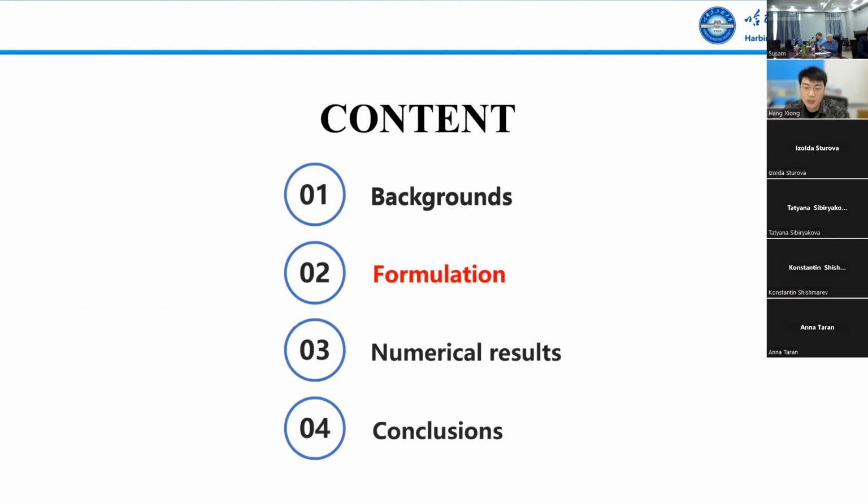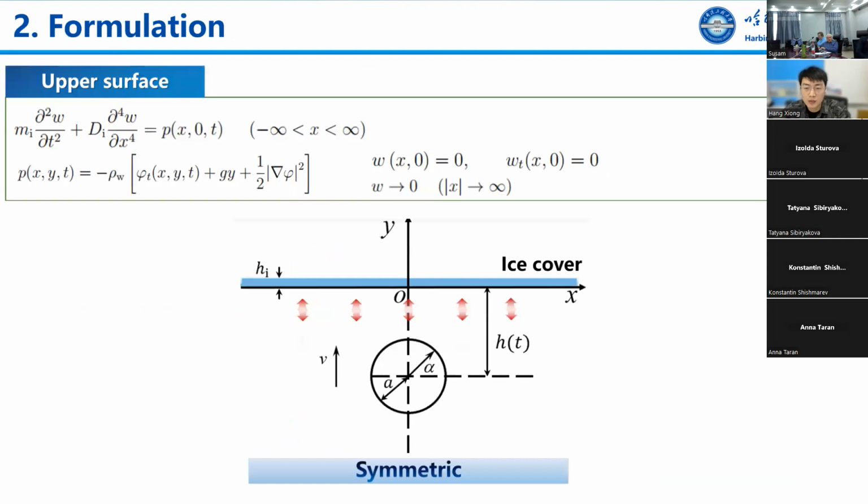The second part is the formulation of this problem. The upper boundary of this problem is governed by the thin elastic plate equation. The hydrodynamic pressure in the flow region shown in the figure is given by the nonlinear Bernoulli equation.